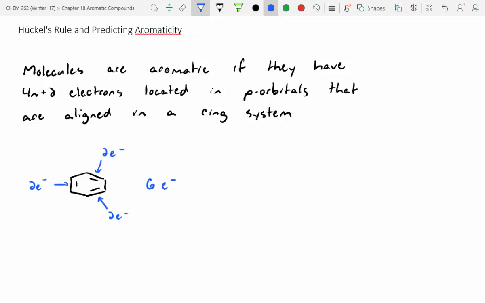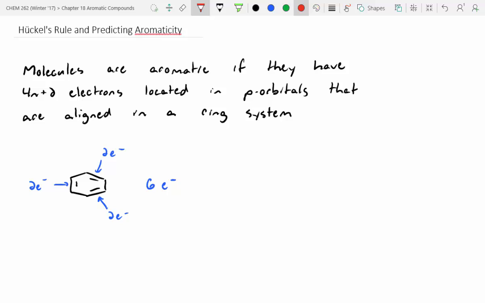A lot of people get confused by that 4n plus 2 terminology. What do you think the n stands for? Number of double bonds, or just some integer, right? It could be 0, it could be 1, it could be 2, it could be 3, up to whatever number you want it to be.